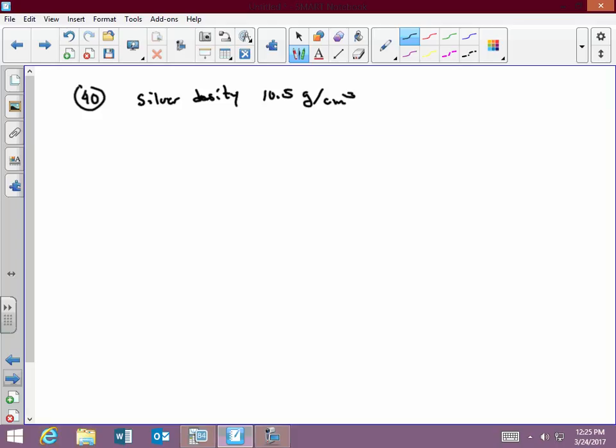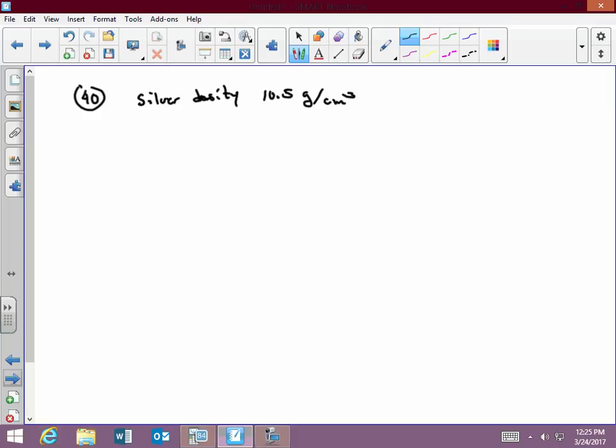Well, if we take the mass of the silver and divide it by the density, we should end up with the centimeters cubed, right?